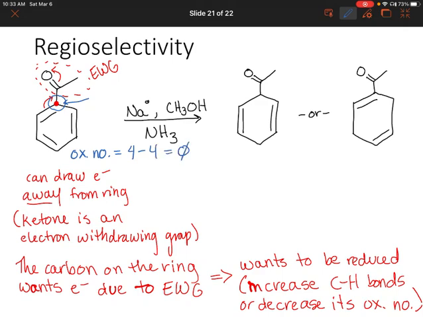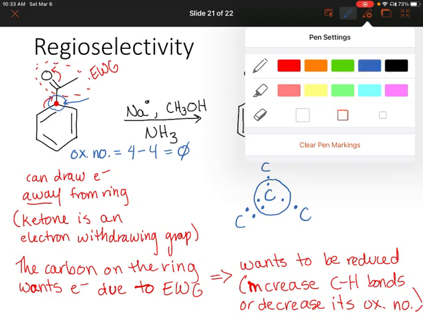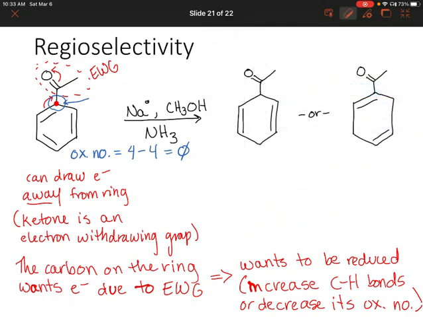It has a double bond there, so if we drew a more detailed picture, again, it's completely sharing its electrons with those other carbons. So we subtract those 4 electrons that it quote unquote owns, and that gives us a total of 0 for its oxidation number. So we want to make sure that we increase the number of carbon-hydrogen bonds at that point, or decrease the oxidation number, or do both at the same time.